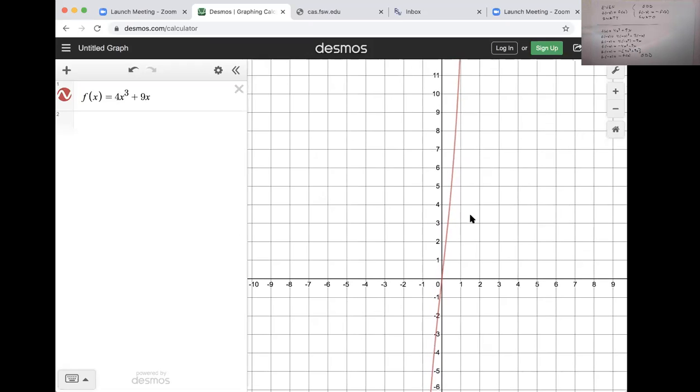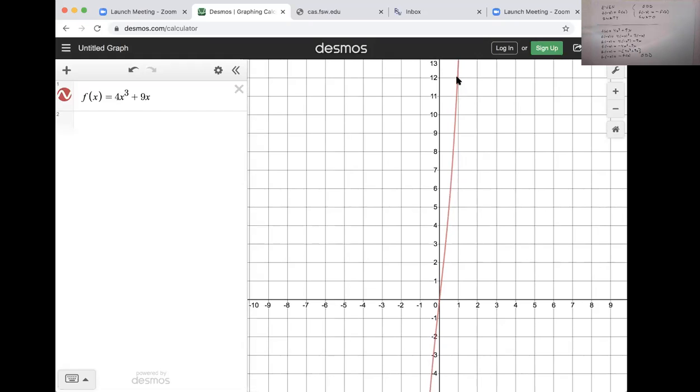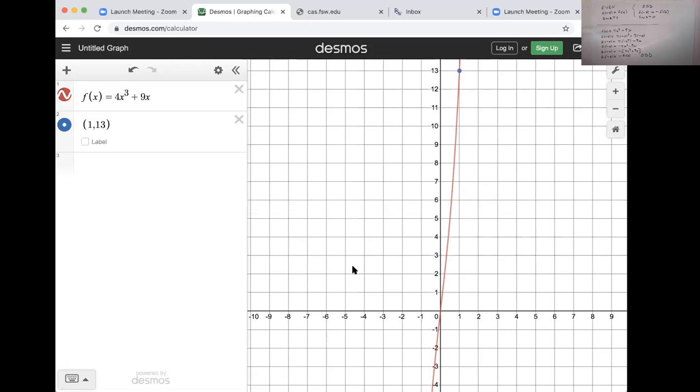Is there one that I can see that's nice? That's pretty close. If I plug in 1, 4 plus 9 is 13. So it looks like 1, 13 is there. We see that point. So if I do a double fold, that would be at negative 1, negative 13.